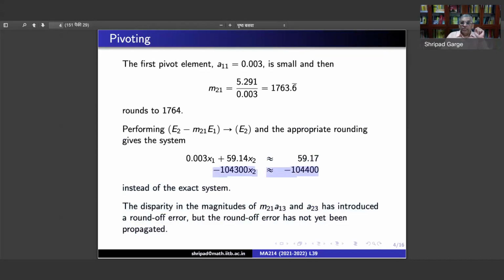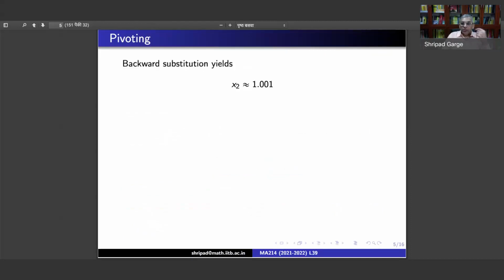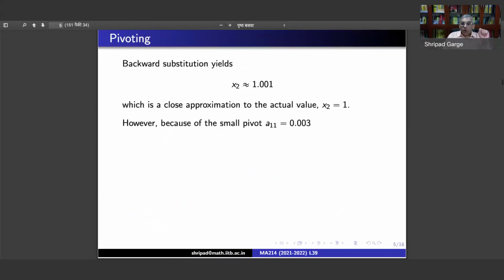The second one had changed, although it has not changed much because the solution is 1.001, which is roughly equal to 1. But because of this small pivot A11, which we have to divide by when we compute the value of x1, we get that x1 is approximately 59.17 minus 59.14 into this value, which is now slightly bigger than 1.